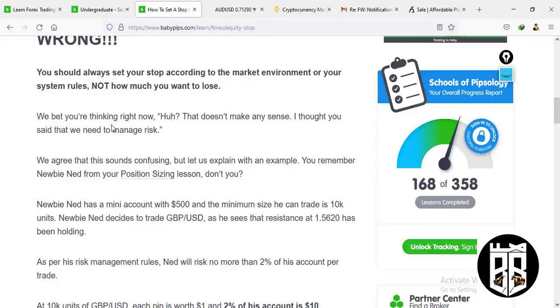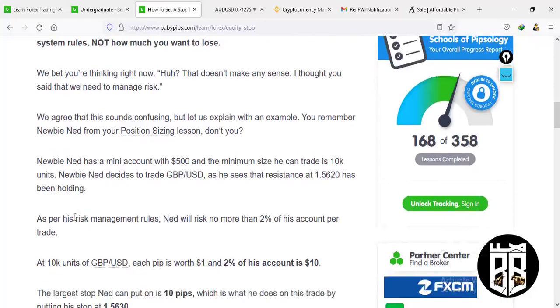Yes, it is. Now let's go back to the example of the newbie Ned with a mini account of $500 and with a minimum size he can trade being 10k units. Now Ned decides to trade GU as he sees a resistance at 1.5620 that has been holding. With regards to his risk management rules, Ned just wants to risk 2% of his account per trade.